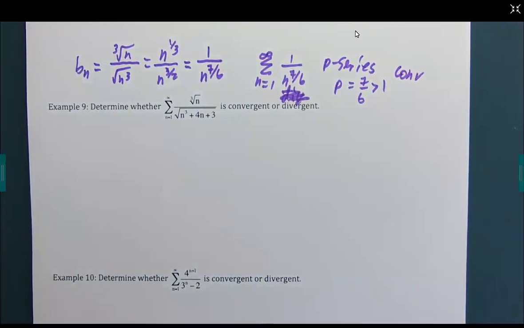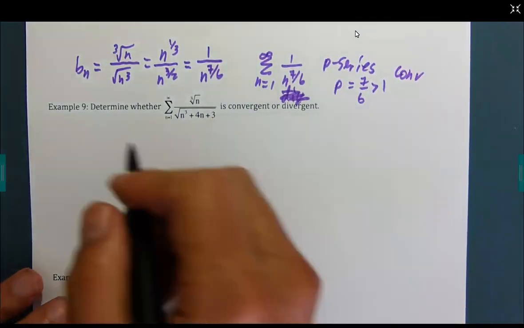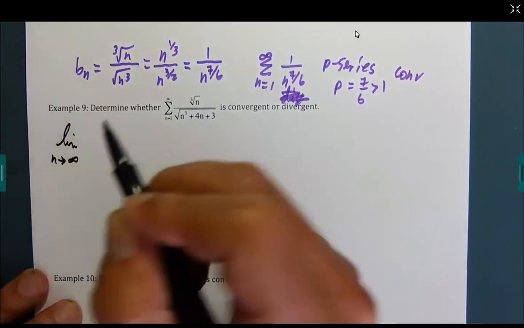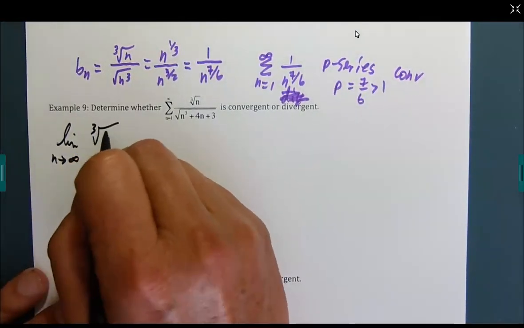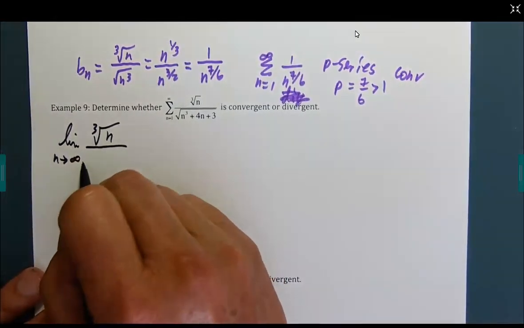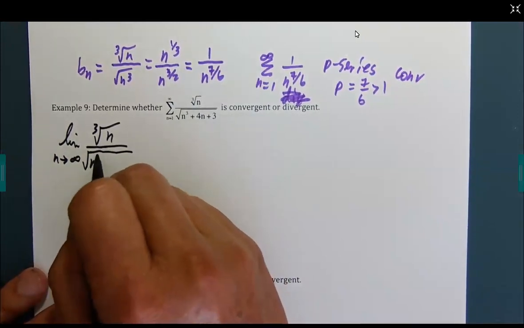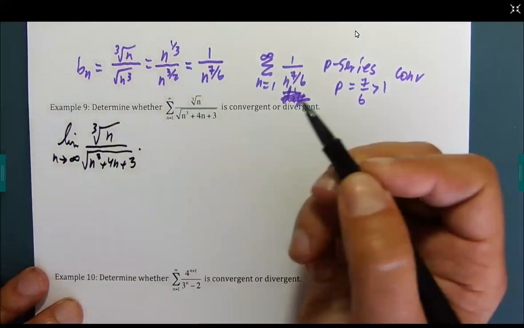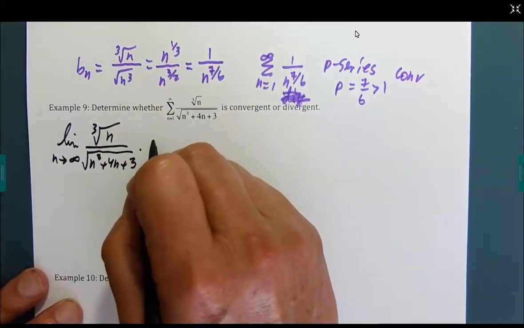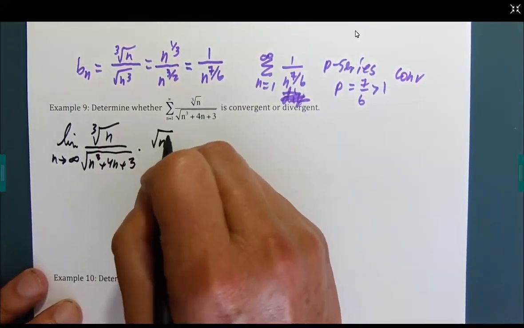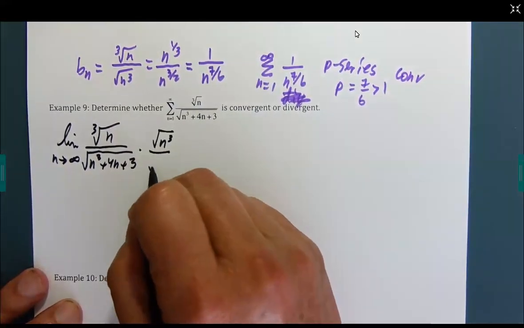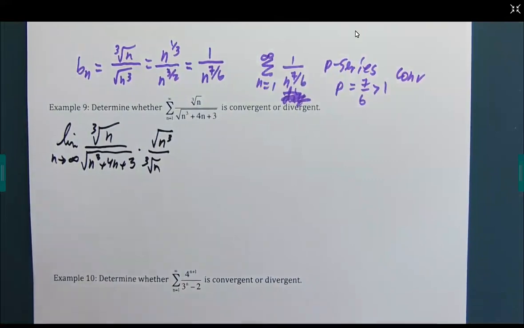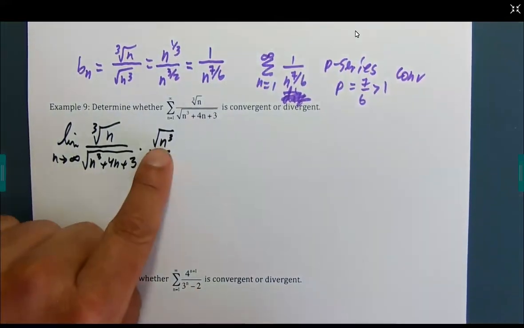So we're going to end up with our limit again. Times the reciprocal of that. And you can see when I multiply that times that, that's going to be the same.